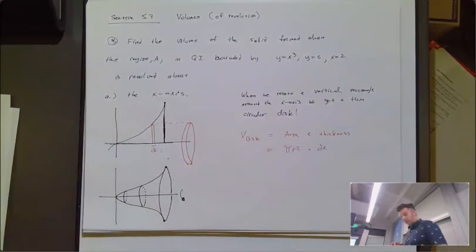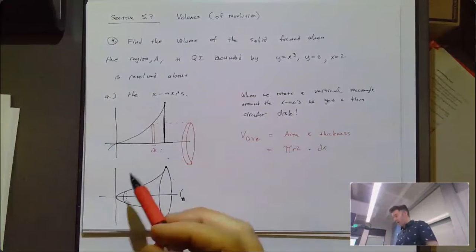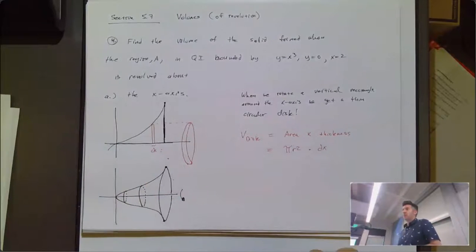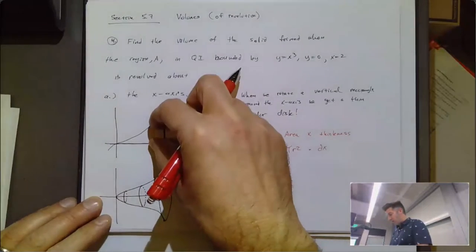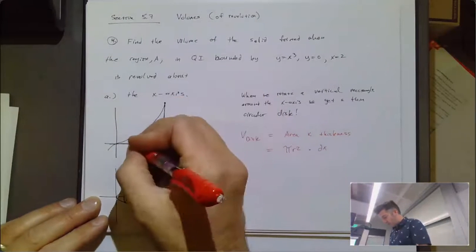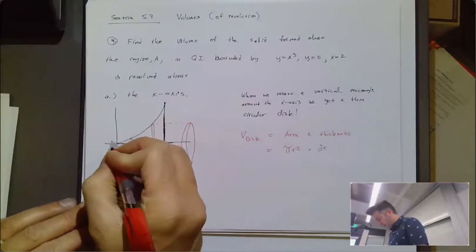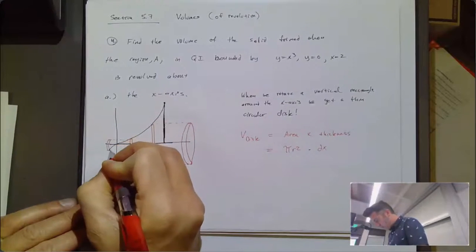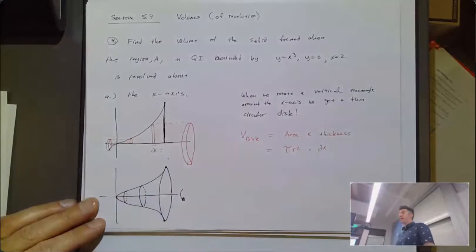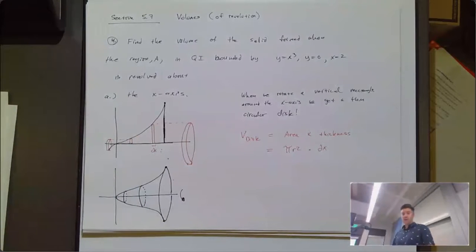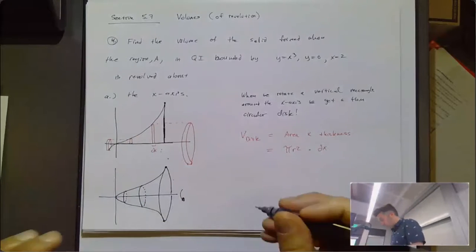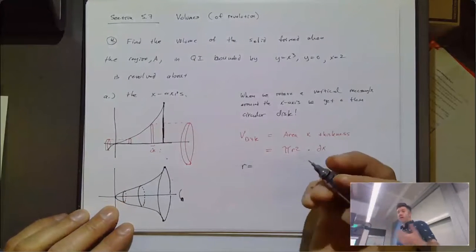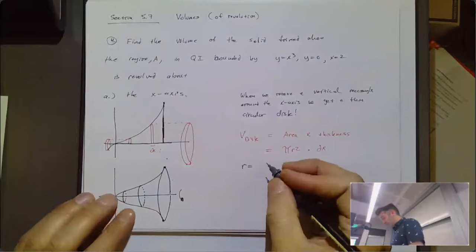So now it's important to recognize that depending on where we are in this region, the radius is going to change, right? At this point here, that's my radius. But if I drew this little one instead, my disk would be much smaller. So the radius is variable. The radius in this particular problem is just the height of the function. It's how far above the x-axis we are.